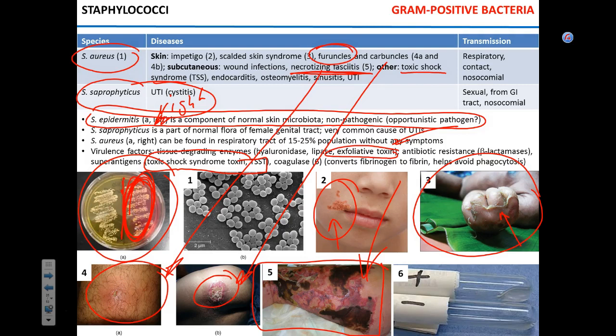If it gets in the blood and it gets into sterile locations, it can cause endocarditis, infection of the cardiac valves, or osteomyelitis, infection of the bone. And we had first-hand experience with that.